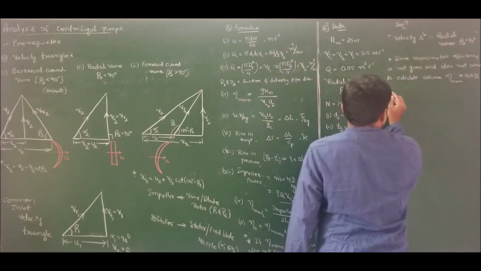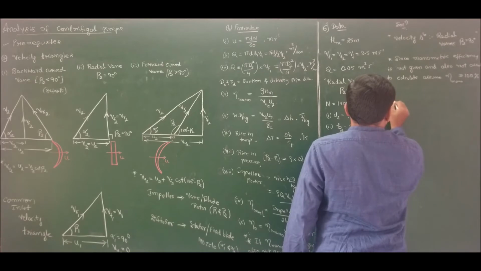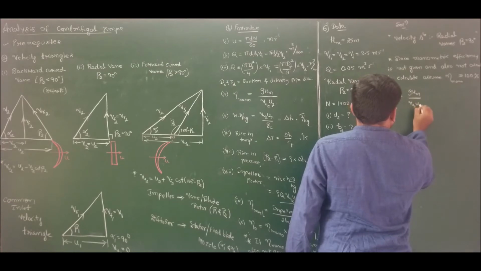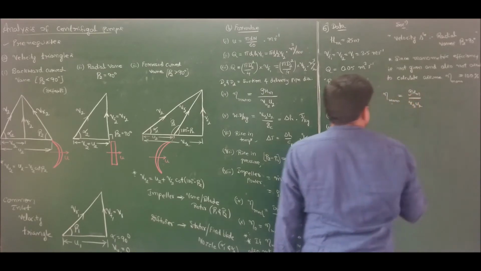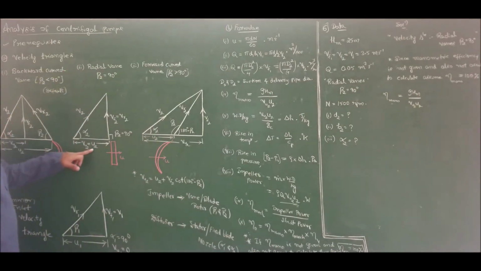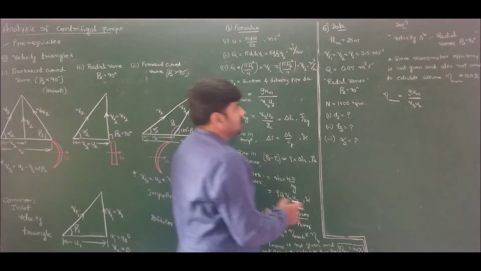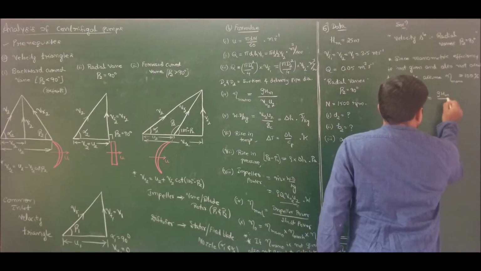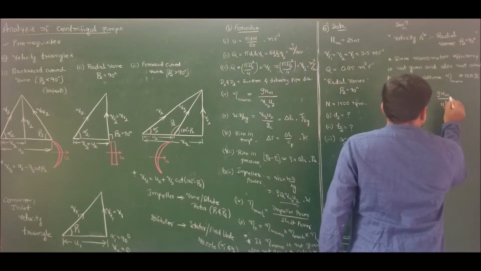So we know that eta mano is equal to g HM by VU2 U2. A careful observation is that for radial vanes, VU2 is equal to U2. So this expression will become g HM by U2 square.